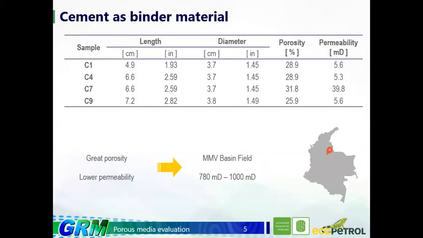Once the design was made, we obtained these parameters, the principal ones being porosity and permeability, due to the intention to recreate a reproduction of the cores that are located in the MMBA basin, a field in this basin in Colombia.